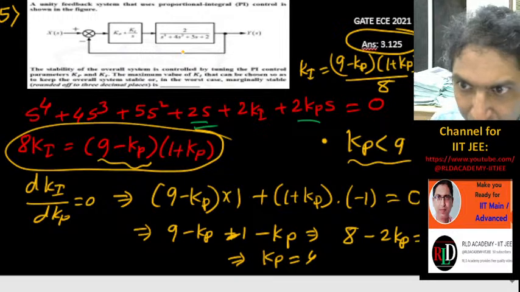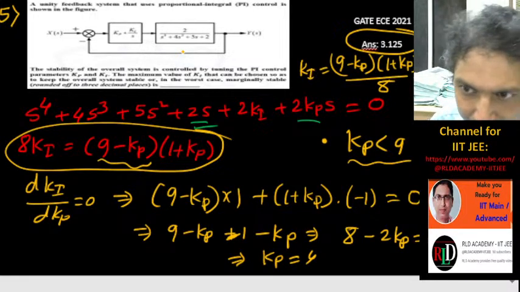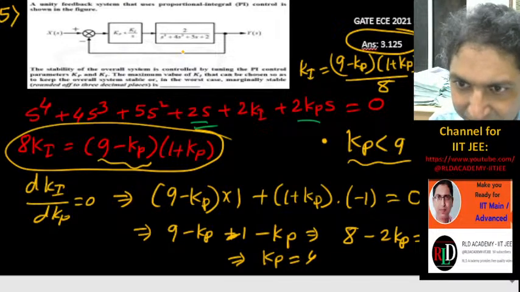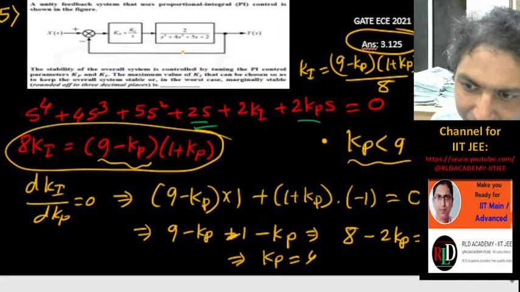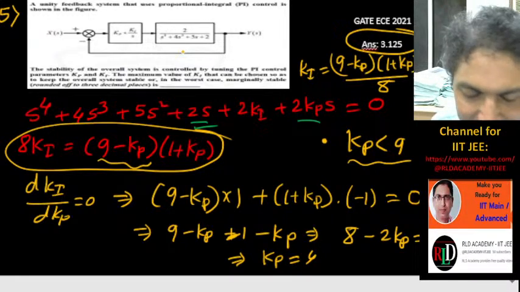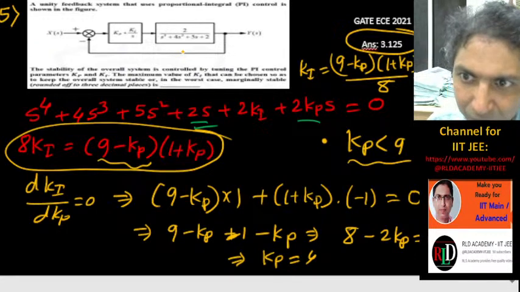So two things you need to keep in mind, that we have to use Routh-Hurwitz table, and for marginal stability, the S1 term I will make it 0. From that I will get one equation, and we will get some condition on other parts. From the first column every element should be positive, okay, then only system will be stable.